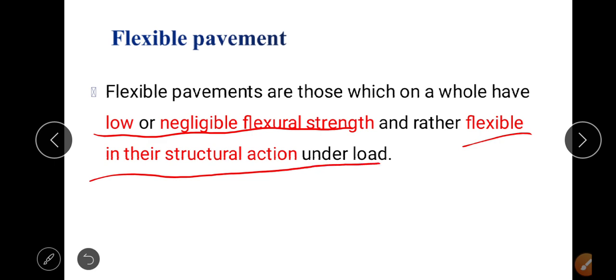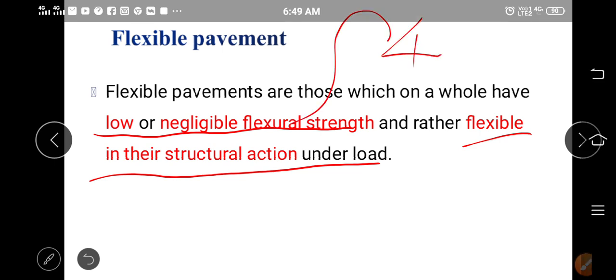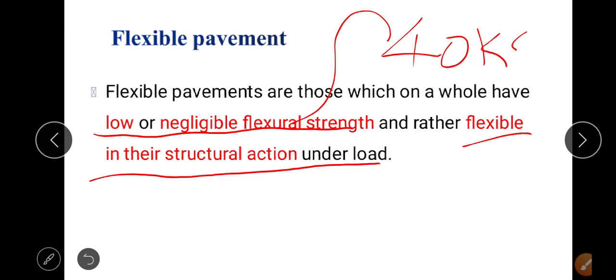That means rigid pavements do possess flexural strength of at least 40 kg per square centimeter, whereas flexible pavements do not possess any flexural strength. That is the reason why it is flexible in its structural action.